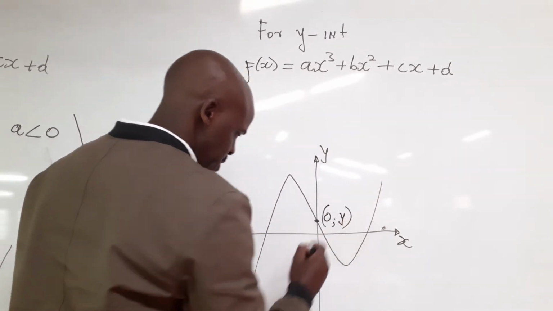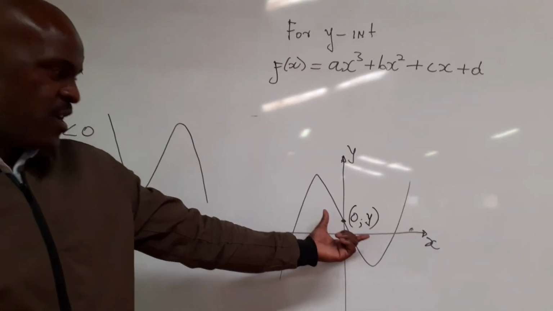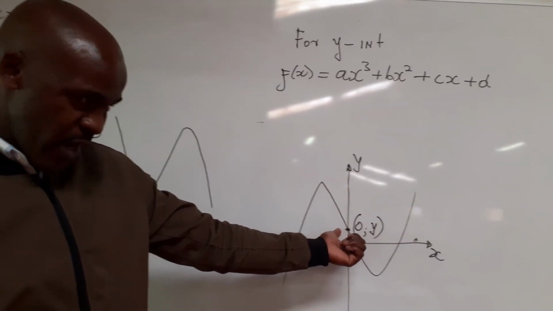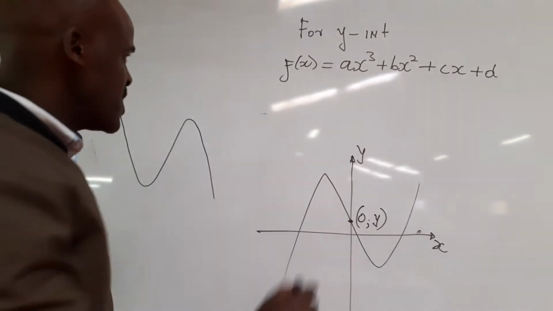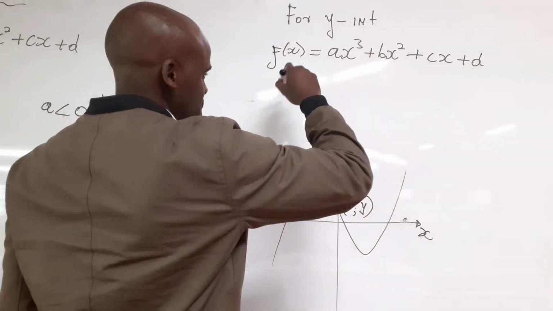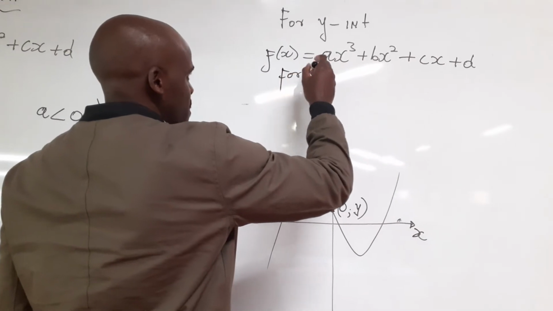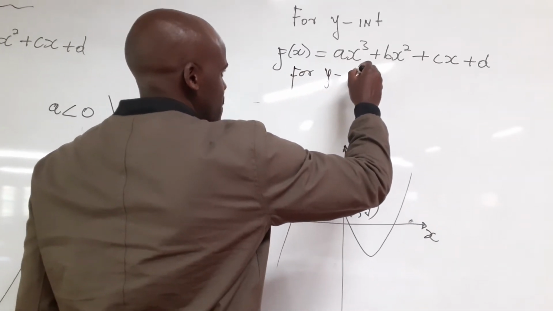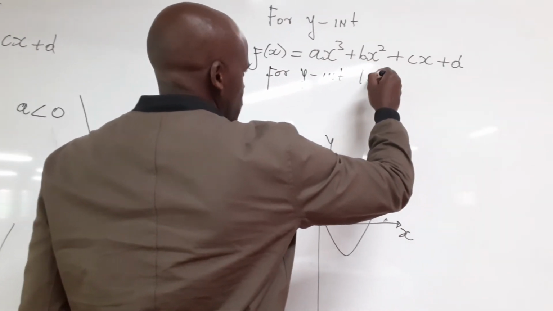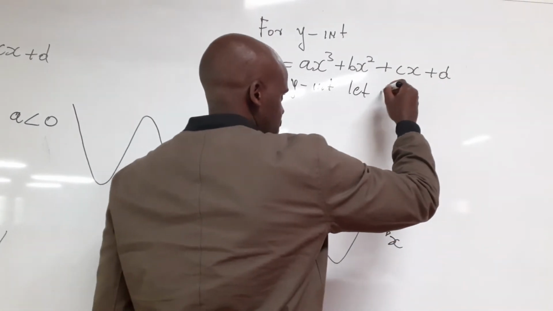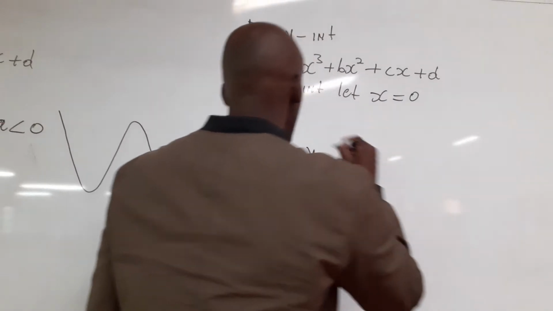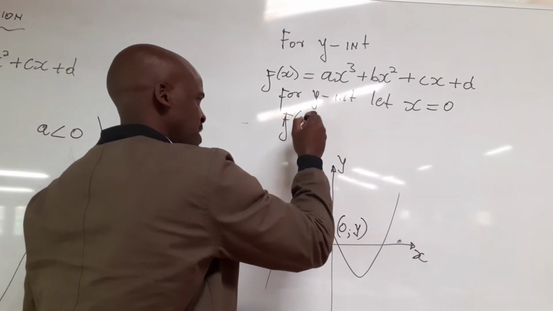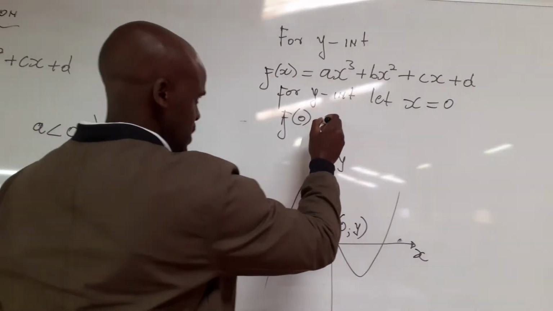If you are to write the coordinates of the y-intercept, x will be 0, which means for the y-intercept, we let x be equal to 0, which means you are to find the remainder if x is equal to 0.